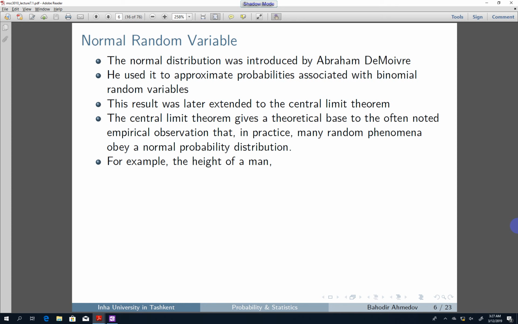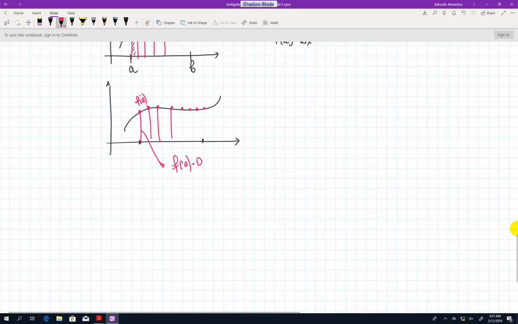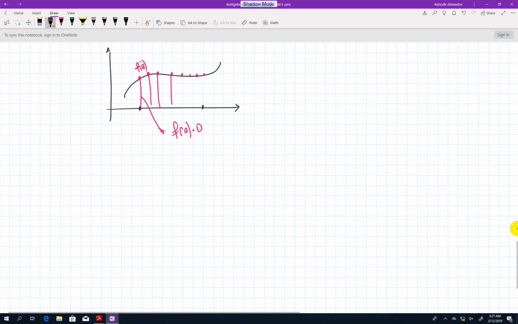The normal distribution is really important because many random things around us can be explained using the normal distribution, okay? For example, the height of a man can be explained using the normal distribution. We can make the graph. Can you make me a probabilistic question about the height of a man?